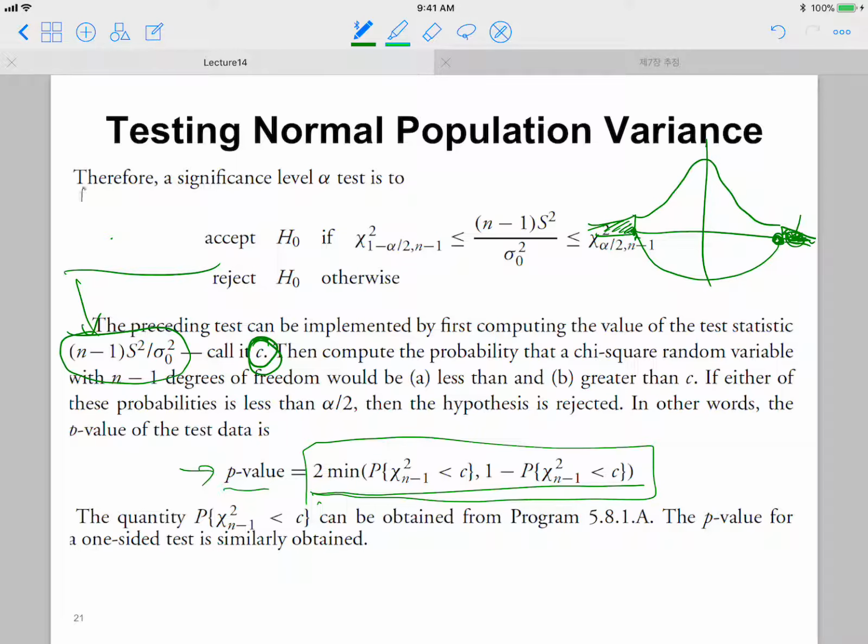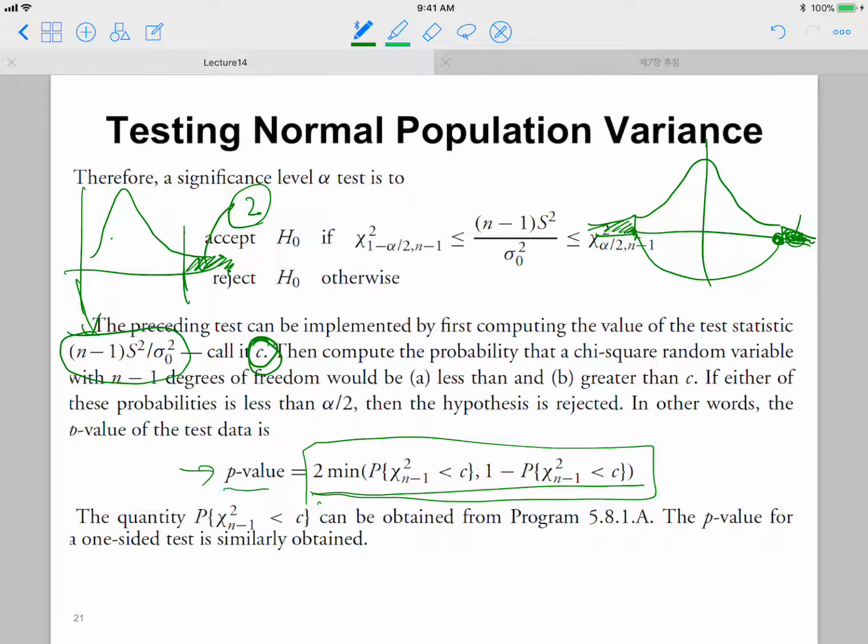In the case of a chi-square distribution like this, suppose C was found here. In this case, the probability will be something like this region, so we can just multiply this by 2. That will be our p-value.